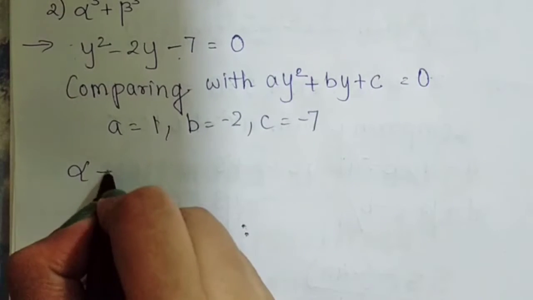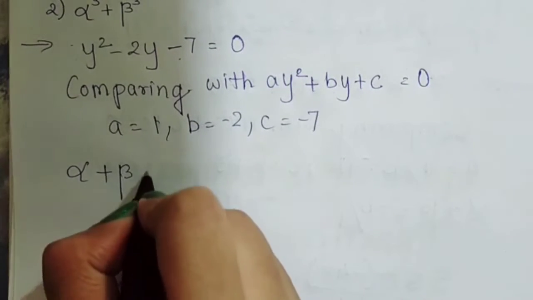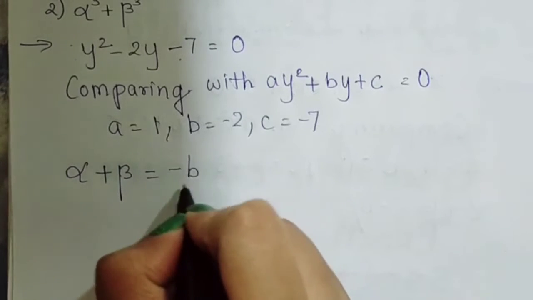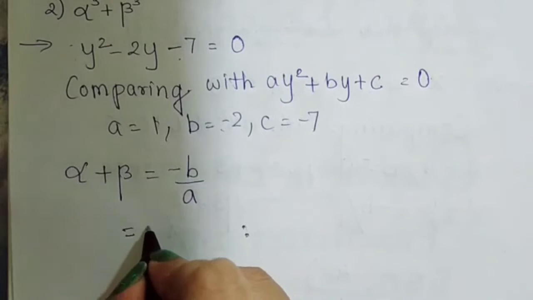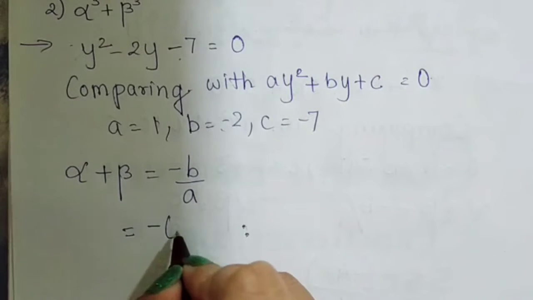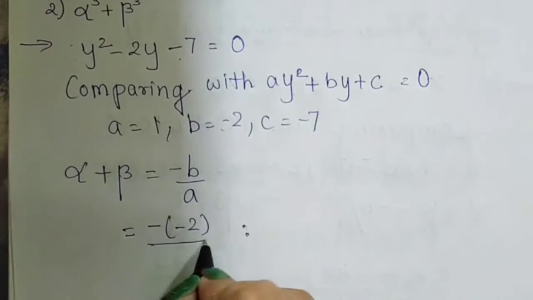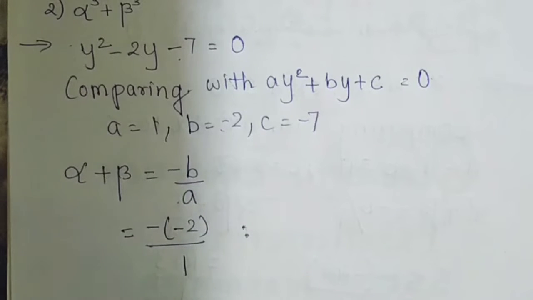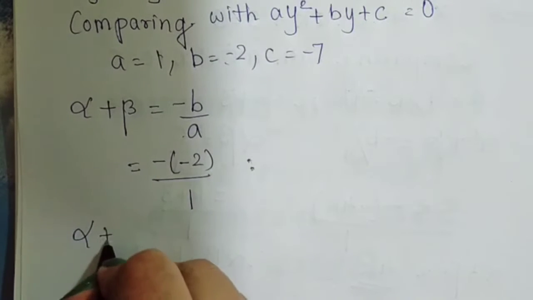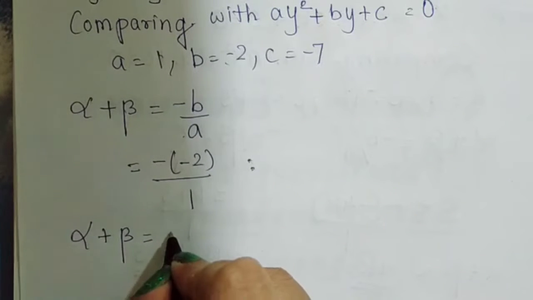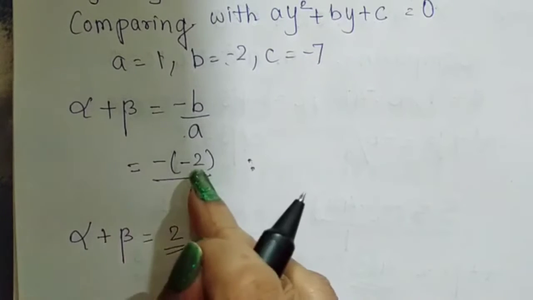Now alpha plus beta equal to minus b upon a. So here already minus is there, again minus I will put, -2 upon a is what? 1. Now here alpha plus beta value will be 2.